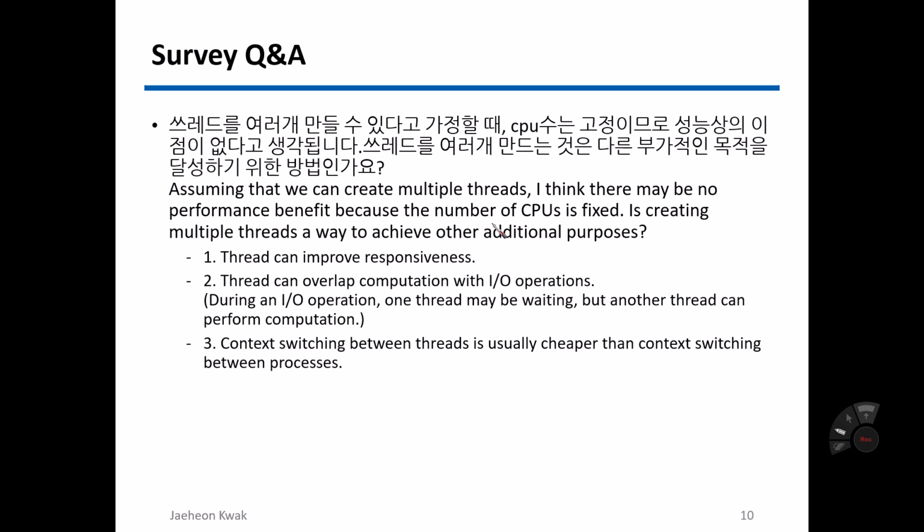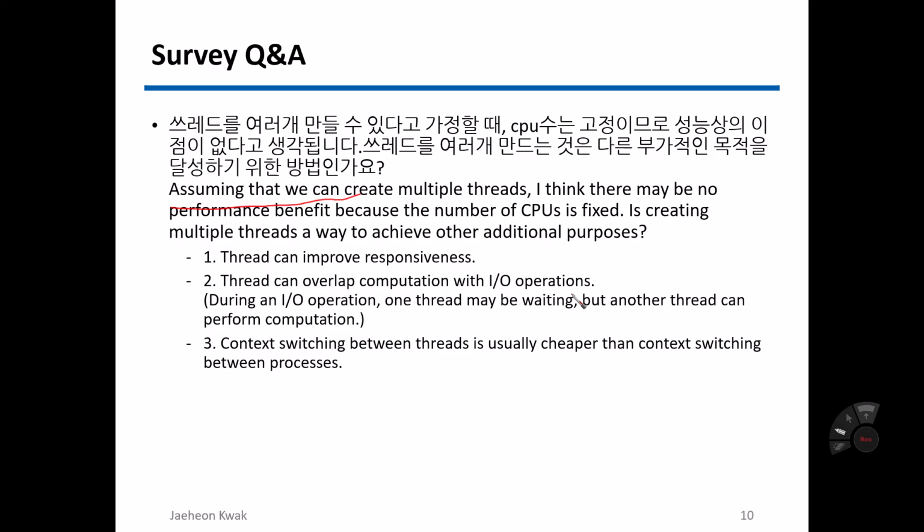Ah, that was not the last question. The last question: assuming that we can create multiple threads, there may be no performance benefit because the number of CPUs is fixed. Is creating multiple threads a way to achieve other additional purposes?